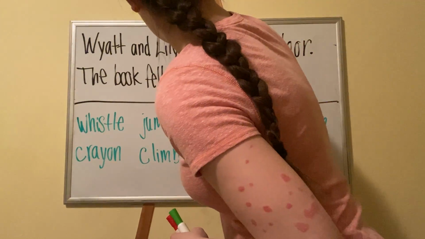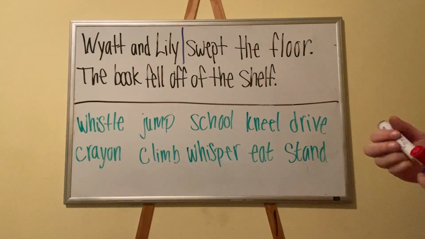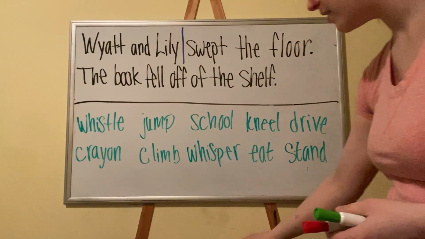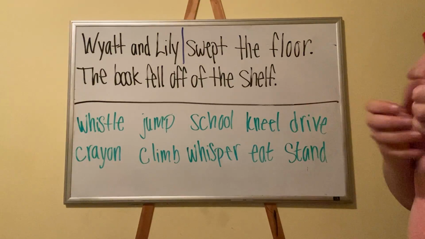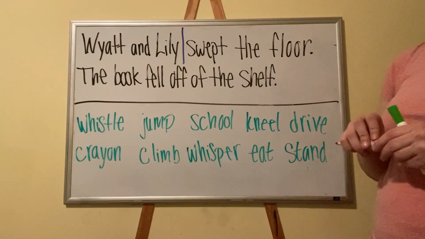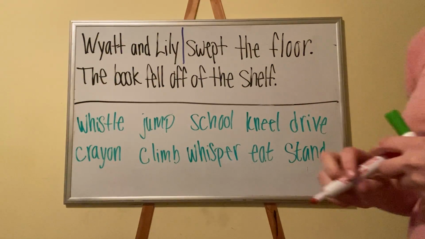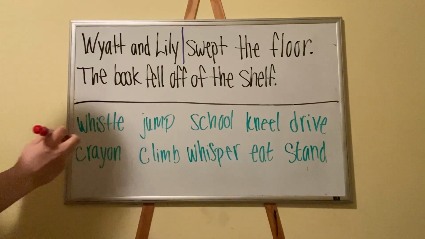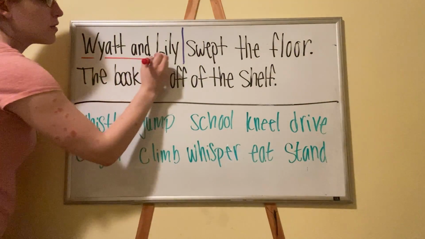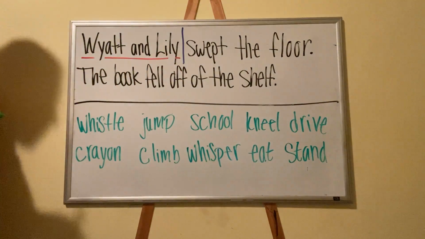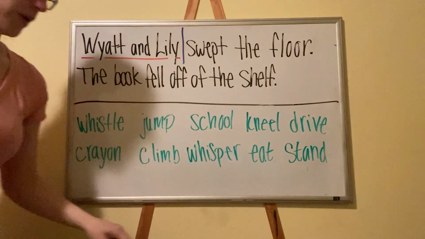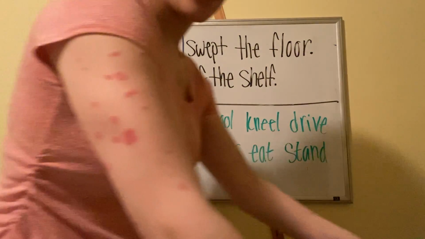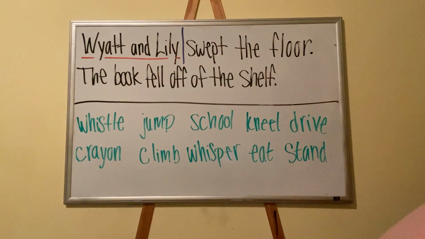We're going to separate them right here. So which part on either side of this line is your subject? Who or what is it about? That would be Wyatt and Lily. Now, Wyatt and Lily are the ones who are doing the thing. And what is the thing that Wyatt and Lily are doing?